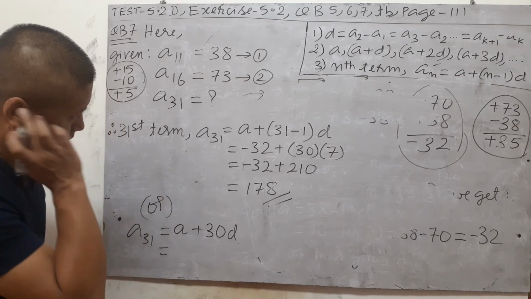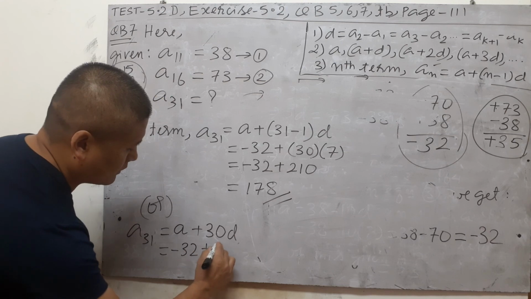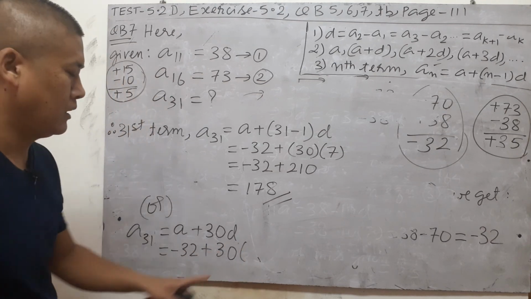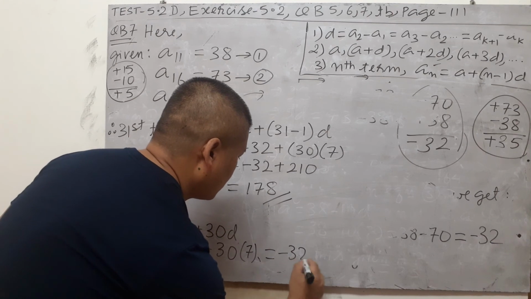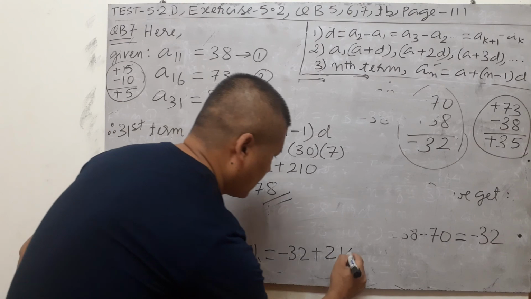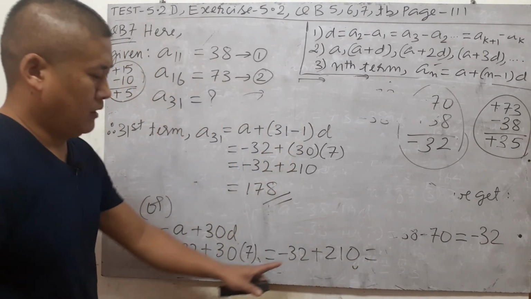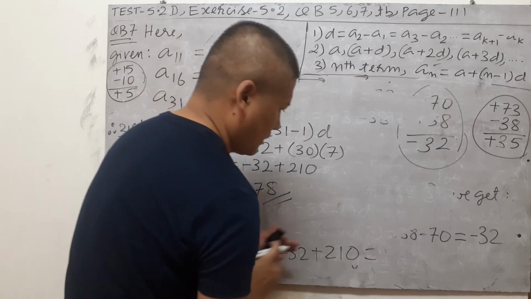A was, we got there minus 32, plus 30 into D, we remember it was 7, so minus 32 plus 3 7s are 21, 0 here and 2 here, plus 210 minus 32 we got here by calculating.